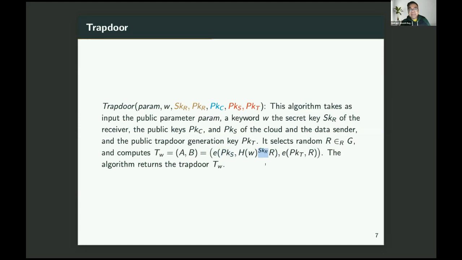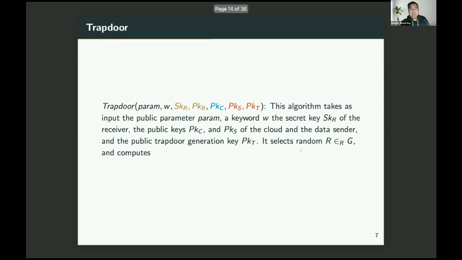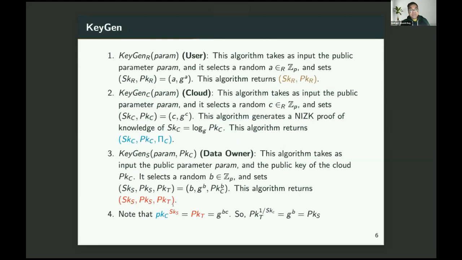And the second component is this, where this PKT is a particular key formed by the data owner. If I go one slide back, this PKT is generated by the data owner.